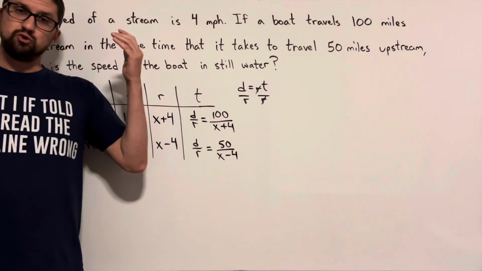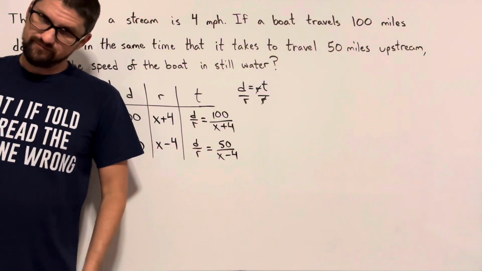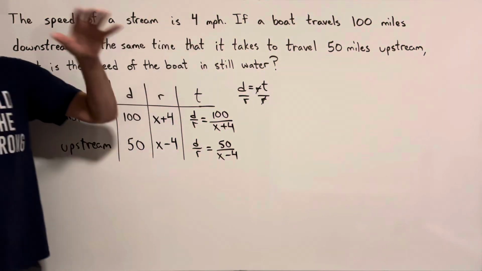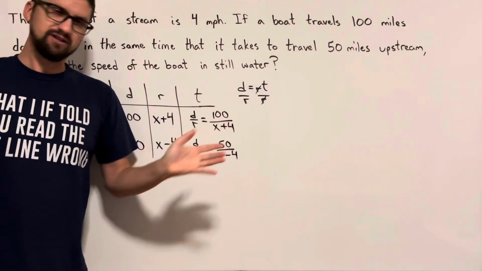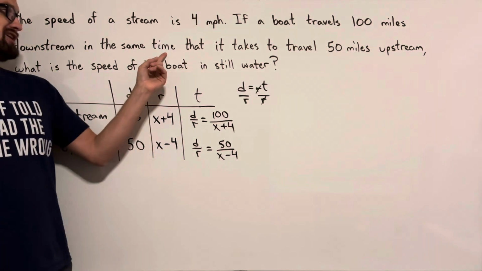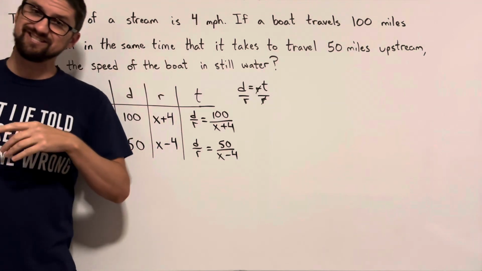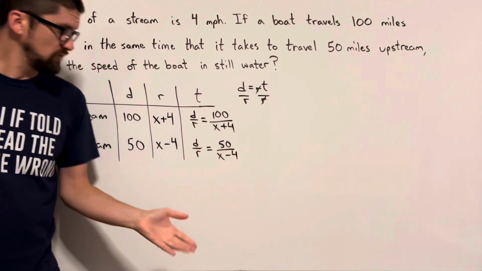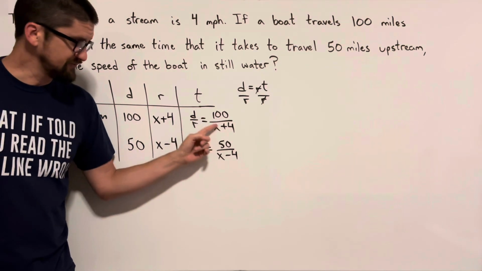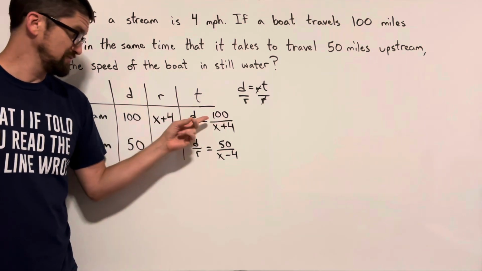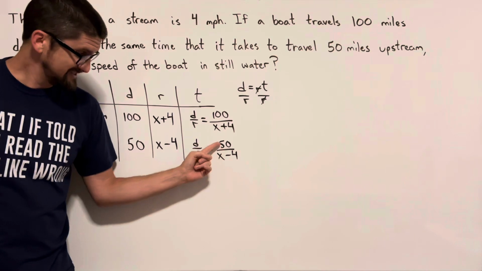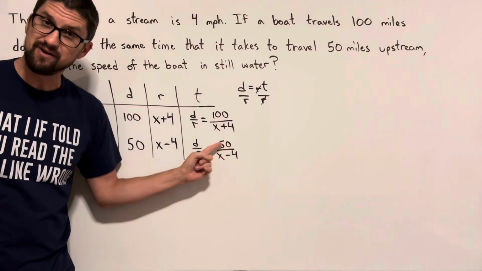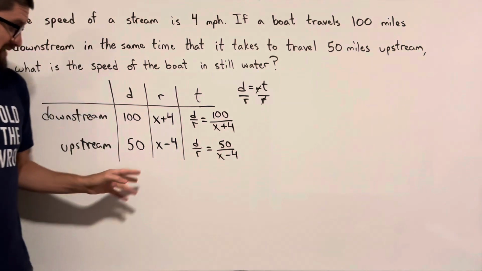All right, now I'm going to write an equation. Something in the problem usually gives away how to write the equation. The thing that gives it away here is that the times are the same. That means the times are equal. This is an expression for the time it takes to go 100 miles downstream, and this is an expression for the time that it takes to go 50 miles upstream.